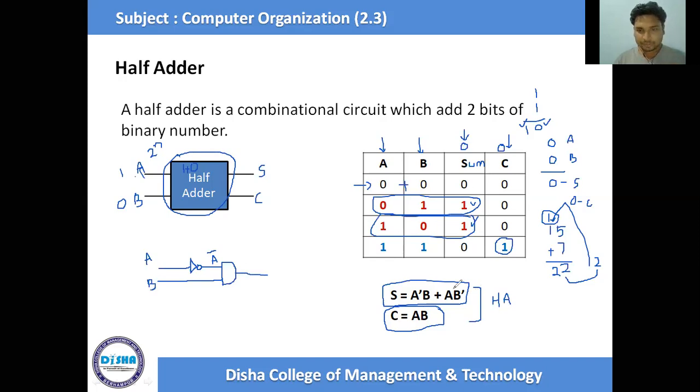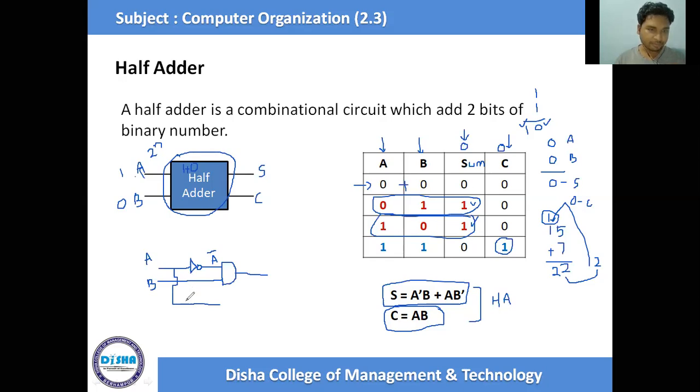After that, we think about the next pair of the sequence, that is A and B naught. Here my A value, I can supply directly, and this is the B naught value.